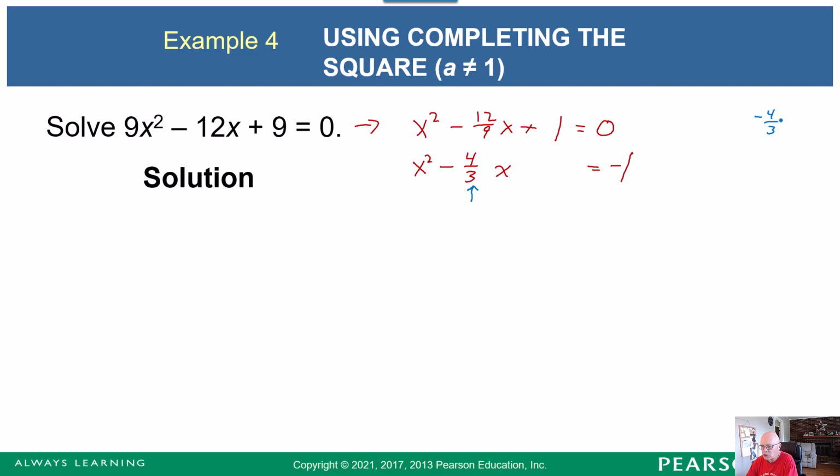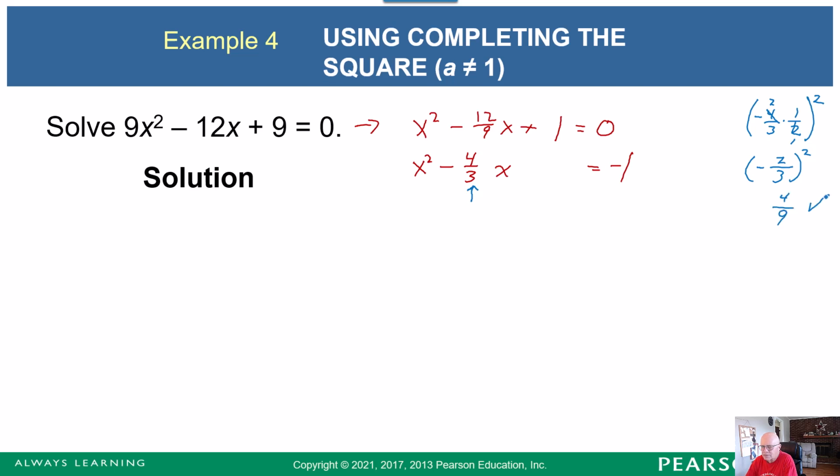Well, dividing by 2 is the same as multiplying by 1/2, remember? And then I'll square the answer. So what do I have here? Well, I can reduce this because I've got a 4 and a 2. So I've got negative 2 over 3, and I have yet to square it. Squaring it, I get 4/9.